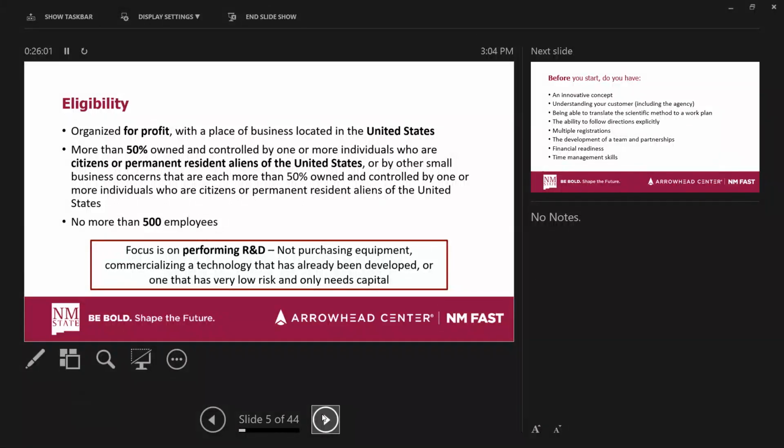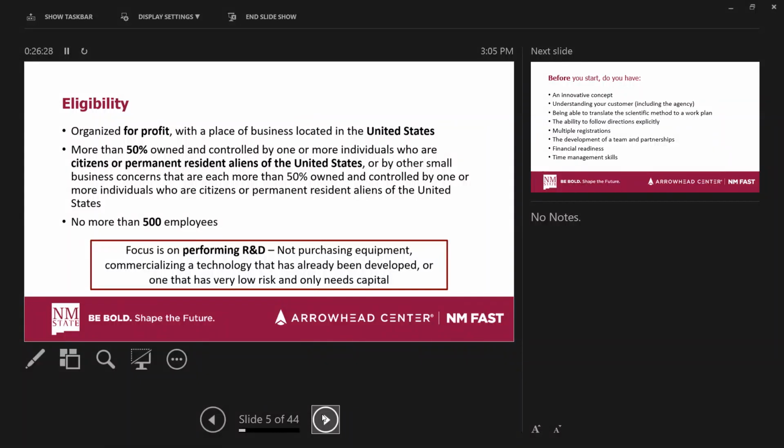Before we go into the programs more, what I always like to cover is eligibility, to make sure you are eligible for these awards. To apply, you do need to be organized for profit, and you have to be located here in the United States. More than 50% of your business needs to be owned and controlled by one or more individuals who are citizens or permanent resident aliens of the US.